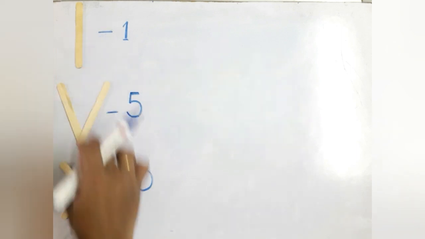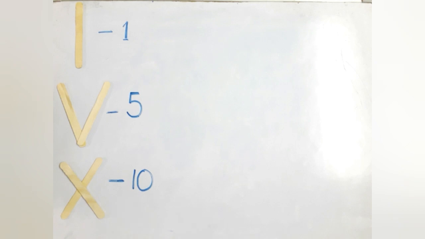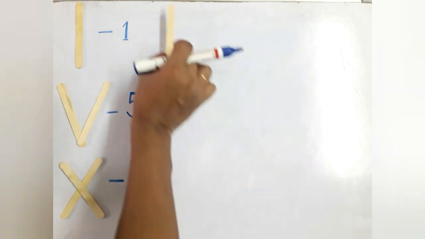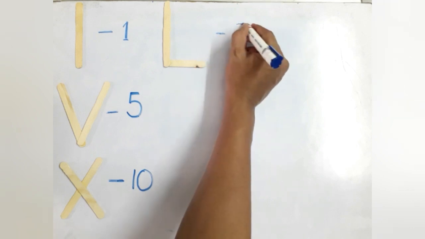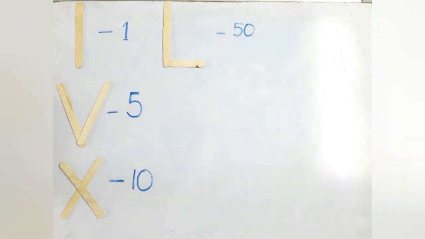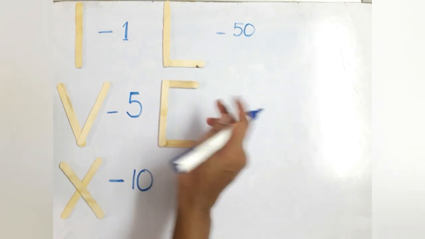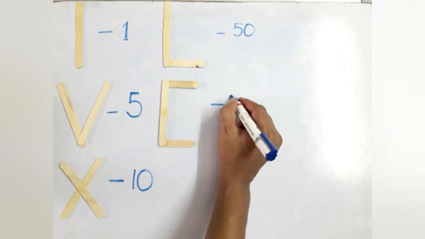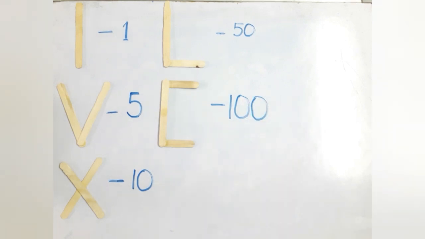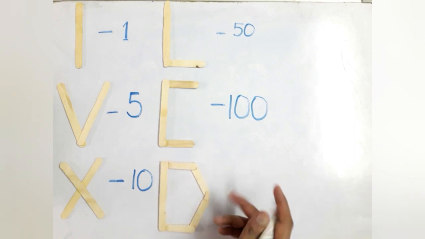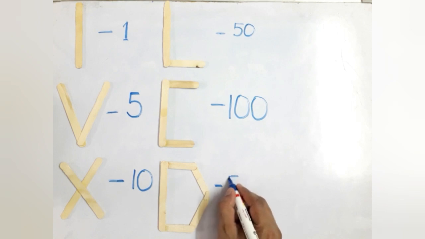We call them alphabets, but they are actually symbols. After I, V, X, the next one they used is L, which indicates 50. Next is C, which is 100. Next they use D, which is 500.